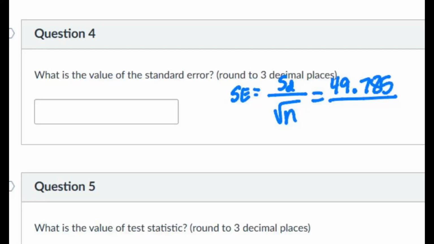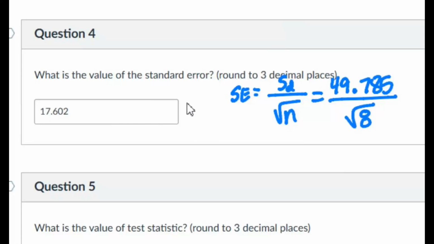And then we divide that by the square root of sample size, which is n, which is why I wrote that down earlier. So it's 49.785 divided by the square root of 8. I'm just going to use the calculator on my hand. Y'all can use your calculator to follow along with me. And that is 17.602. Okay, so I just divided this in my calculator, and I got 17.602.